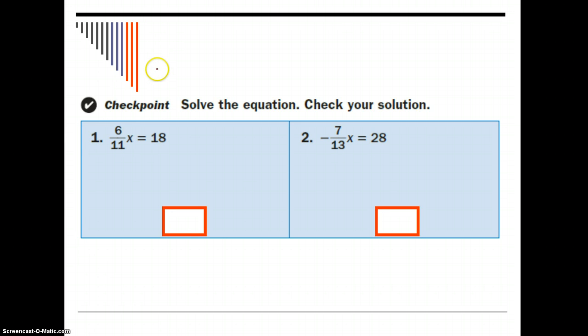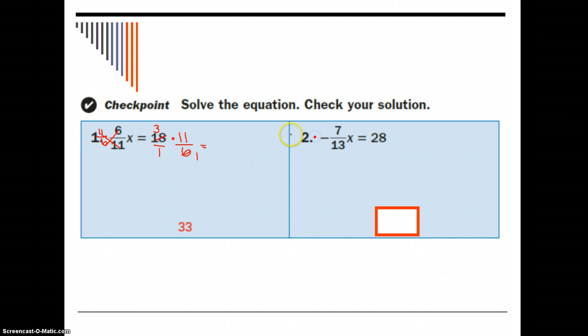So try problems 1 and 2. Remember to multiply by the multiplicative inverse to clear the side with the variable. Number 1, we multiply by 11/6. It cancels out on that side. Do the exact same number on the other side. Divide out common factors. X equals 3 times 11, 33.